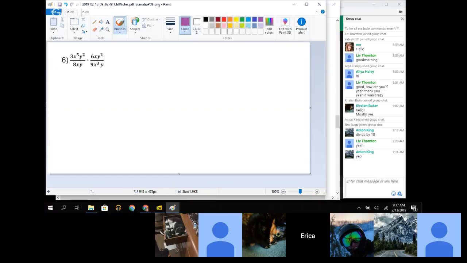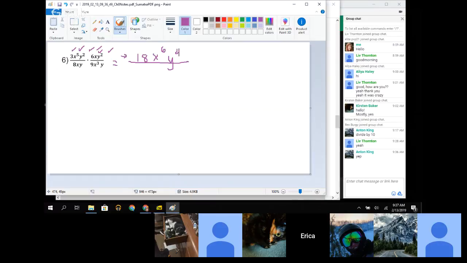You could just start and cross everything off. You could also multiply the numerator. So we have 3 times 6 is 18. We got x to the 5th times x, which is x to the 6th. And we have y squared times y squared, so y to the 4th. Okay.